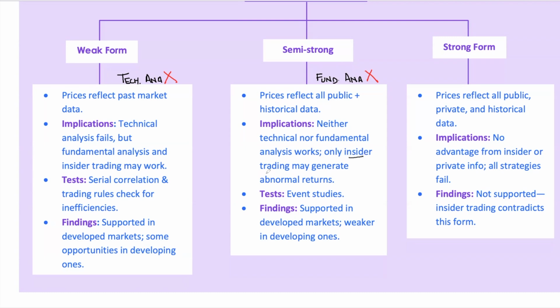You can probably guess that insider information, stuff that's not publicly known, would still potentially give you an edge in a semi-strong form market, because the hypothesis states that only publicly known info is fully reflected. So what's the implication here? Fundamental analysis doesn't work in semi-strong markets, at least not consistently. It's not about being smart, it's just that the game's already been played by faster and better equipped players.